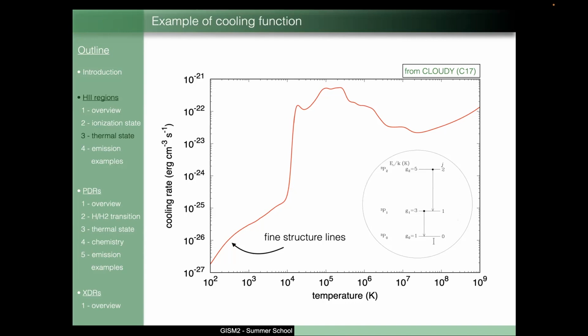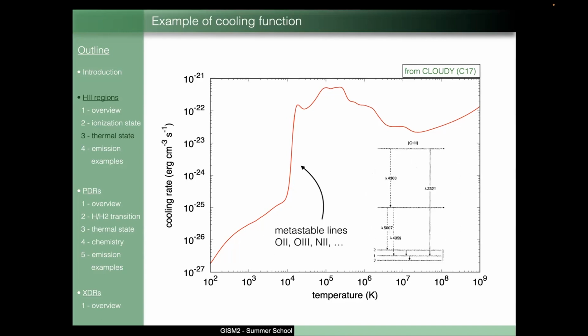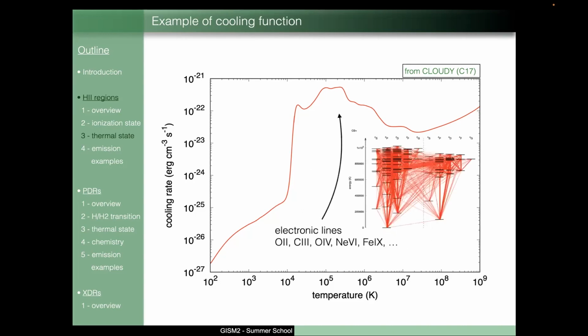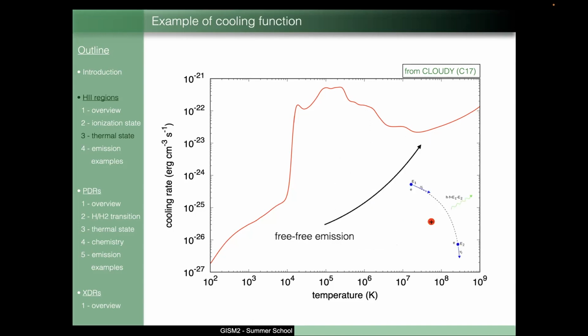Then when we reach 10 to the 4 K, this cooling curve is dominated by the so-called metastable lines. You start to excite metastable levels of different species, most notably O II, O III, and N II. At larger energy, the cooling is dominated by electronic resonant lines. So you excite more and more electronic levels, which de-excite towards the ground state in resonant lines. Finally, at very large temperature, the cooling is dominated by the free-free emission.